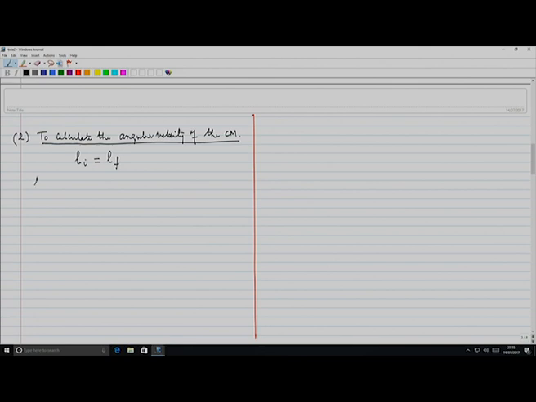Therefore, what is Li? Li is equal to 2m, that is the mass, times velocity times a, plus little m times 2v times 2a.